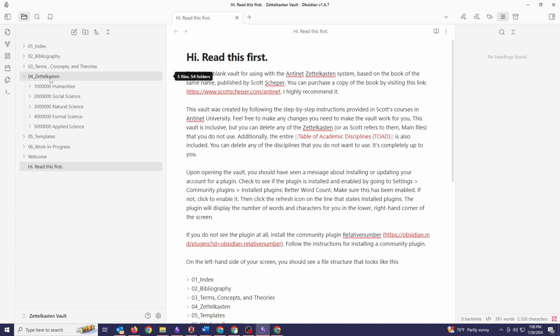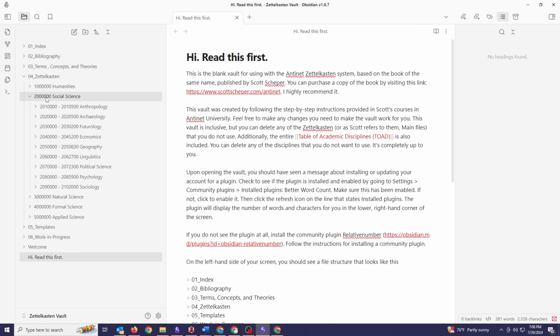The Zettelkasten box is actually a collection of 5 other boxes, each of which contains several tabs and numerical segments based on the academic discipline that they fall under. The first card that we're going to look at is in social sciences because it starts with a 20 number. We're going to look at sociology here.